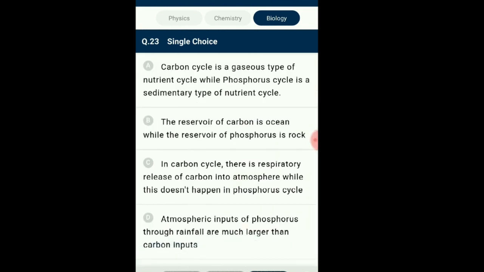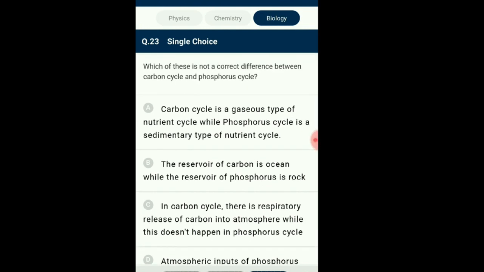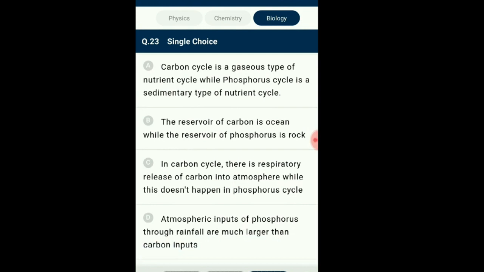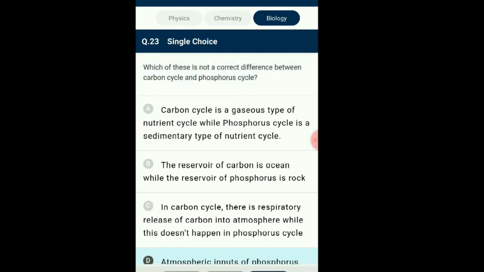The natural reservoir of phosphorus is rock, which contains phosphorus in the form of phosphates. Unlike the carbon cycle, there is no respiratory release of phosphorus into the atmosphere. Atmospheric inputs of phosphorus through rainfall are much smaller than carbon input. So the answer for this question is option D. Atmospheric input of phosphorus through rainfall is much larger than carbon inputs. So that is not the correct difference between the carbon cycle and the phosphorus cycle.